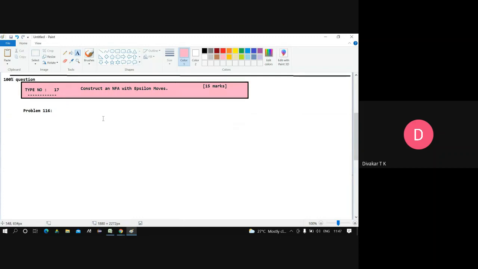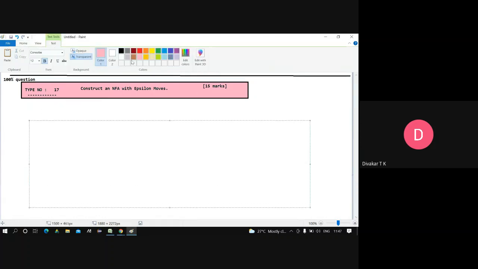Before jumping into the actual problem, I'll give some basic things. Three basic things you are supposed to understand, the basic requirements, or you can also say the prerequisites. What prerequisite do we require for this type of problem?